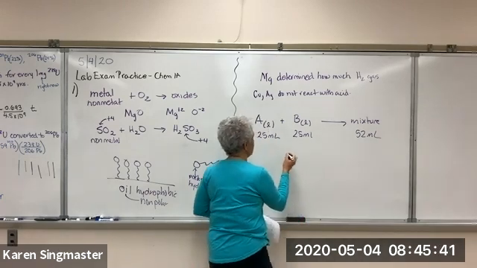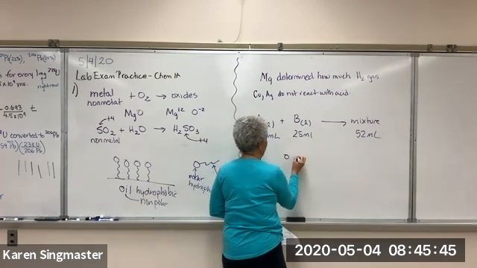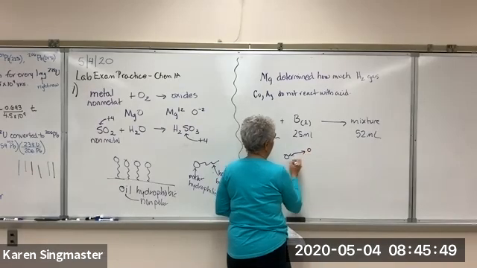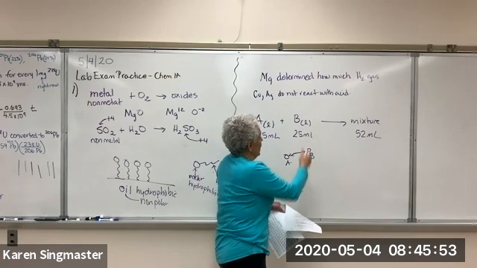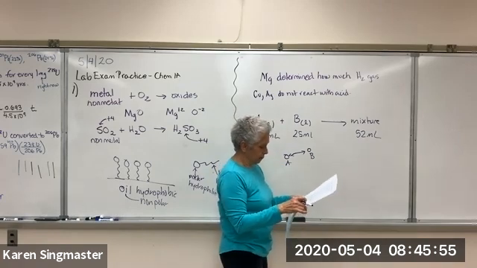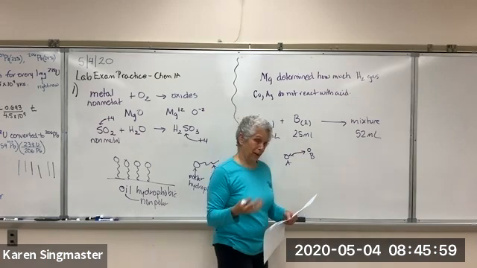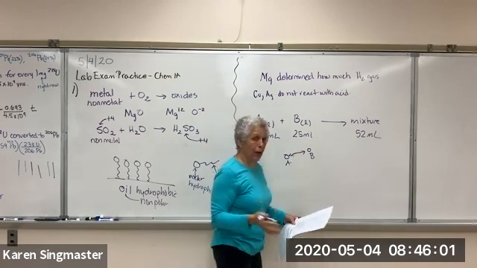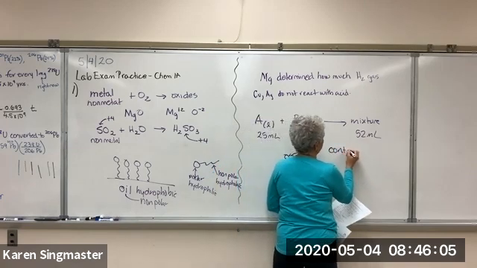So that tells me that A and B don't want to be next to each other. So A and B are upset with each other, okay? And so they spread out a little bit, and that's why the volume's a little bigger. So they have to fight, they have to expend energy to get away from each other, so the container will get cold.